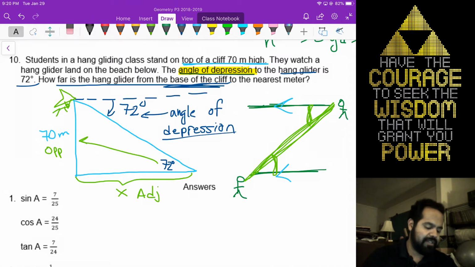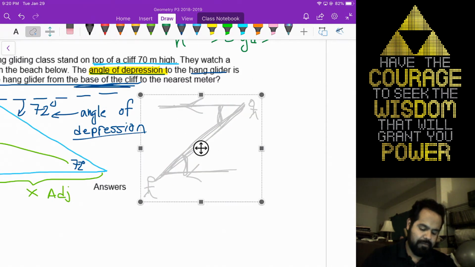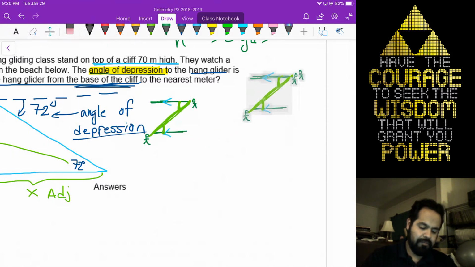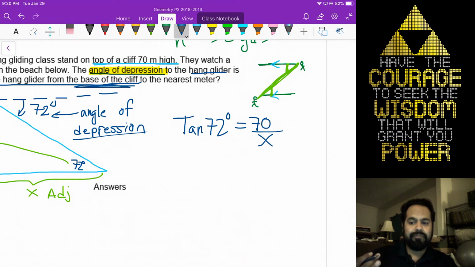Alright, so I'm going to move this out of the way. So we're going to do tangent. Tangent of 72 equals 70 over x. X is in the denominator. I need to get it in the numerator, on the same line.